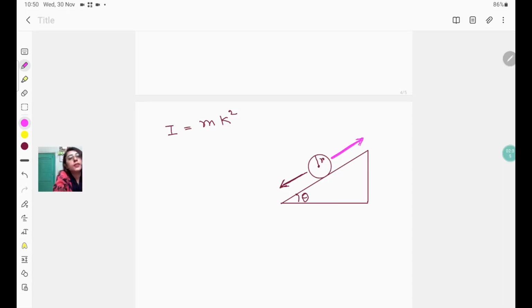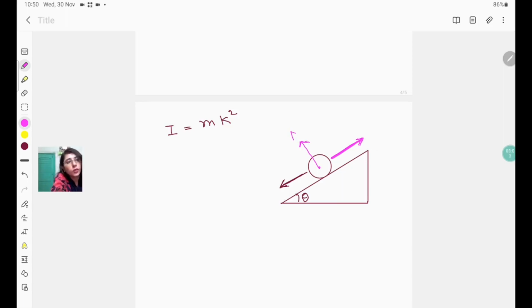Now this body that is rolling down along the inclined plane has a normal reaction. Suppose we are taking the normal reaction force as N, then the normal reaction acts along the perpendicular, or the normal, to the plane along which it is rolling down.